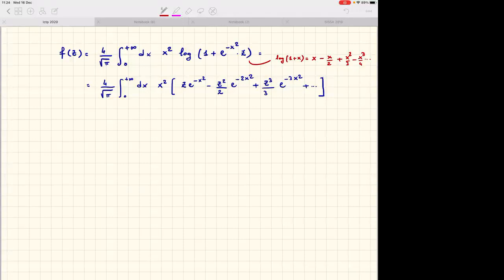So now, let us take this and calculate each one of these integrals. Well, you see here I have x squared, here I have e to the minus 2x squared, here I have e to the minus 3x squared.